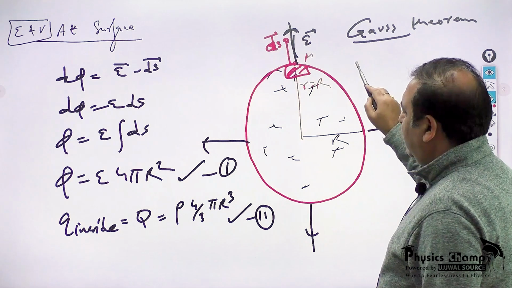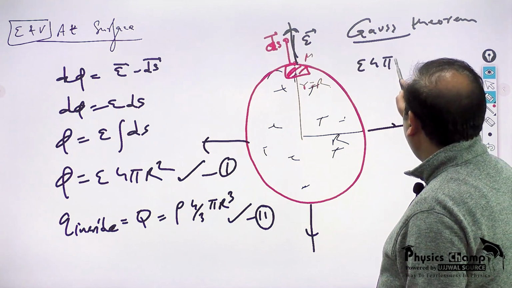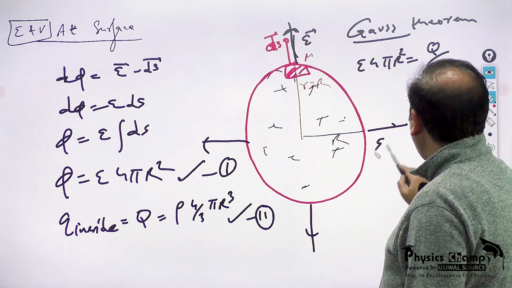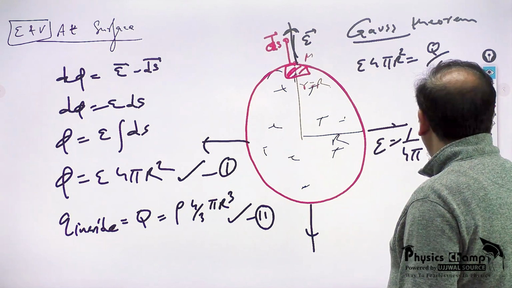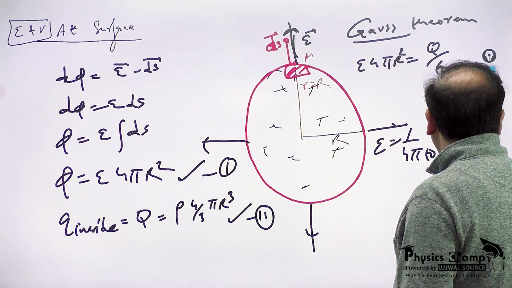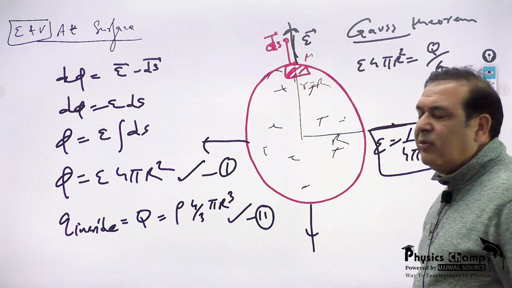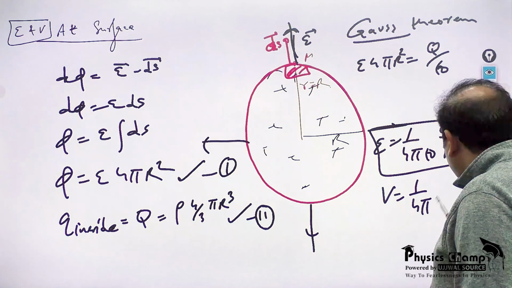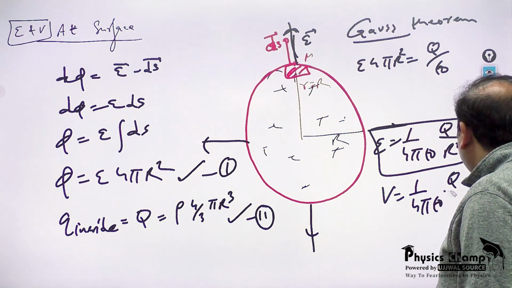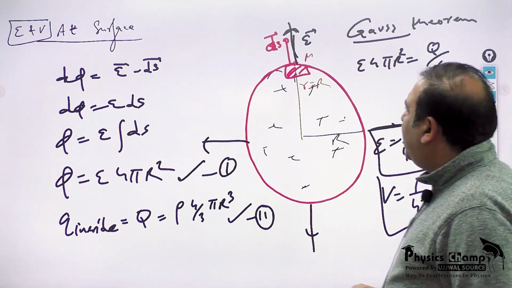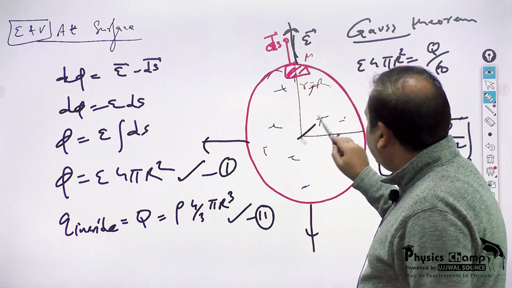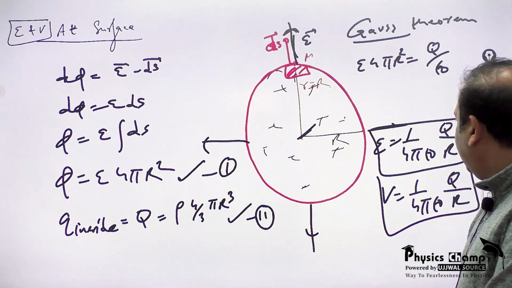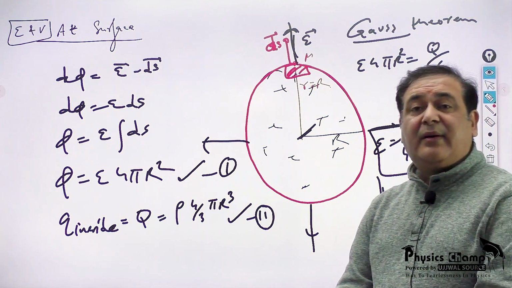We can say E into 4 pi R square is equal to Q by epsilon naught. So electric field is 1 by 4 pi epsilon naught Q by R square. It will behave as though the whole charge is situated at center. And similarly, the potential also will be 1 by 4 pi epsilon naught capital Q by R. It will behave as though the whole charge is situated at center. So this is electric field and potential at surface.